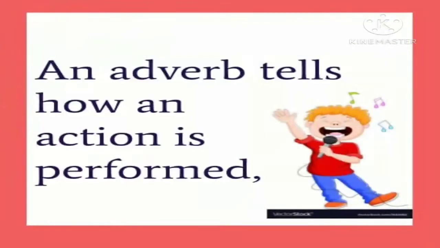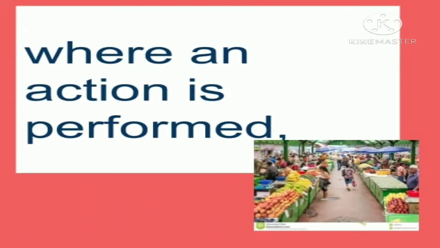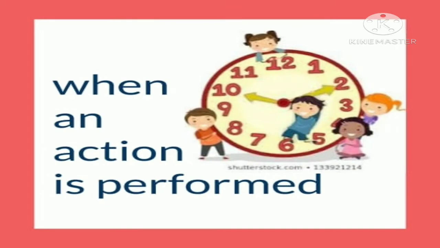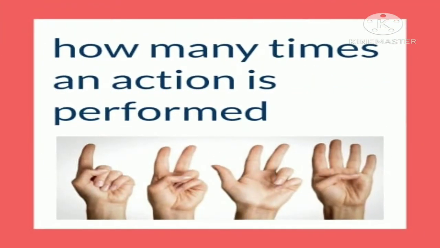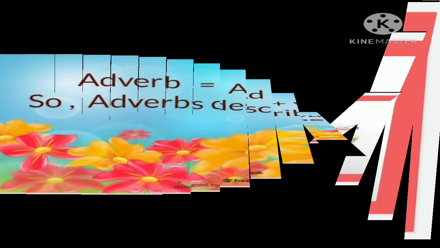So any word which tells us how the action is performed, where the action is performed, when the action is performed, how many times the action is performed, or up to what level or extent the work is done, that is an adverb.